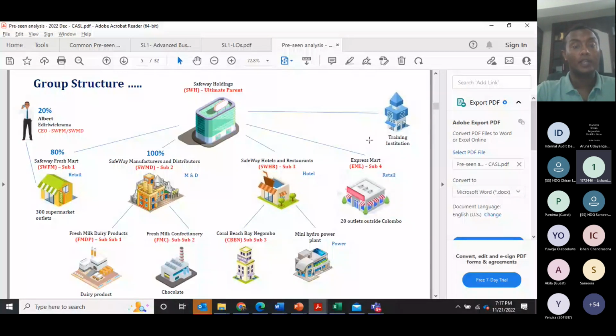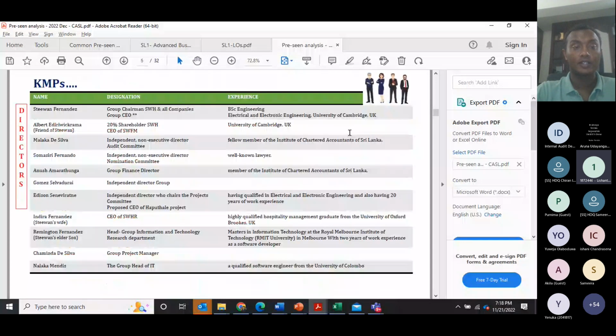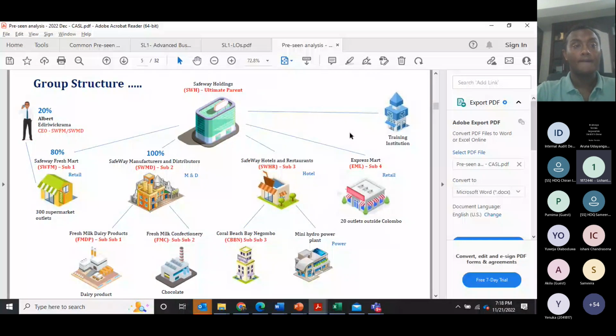So now overall, you can see their ecosystem, right? How the types of business are connected with the group structure for consolidation purposes. This is a very key slide where things have been nicely summarized, right? Now you see this Albert. That's the friend. So he really trusts Albert with 20% shares. He's leading as the CEO of these two businesses, right?